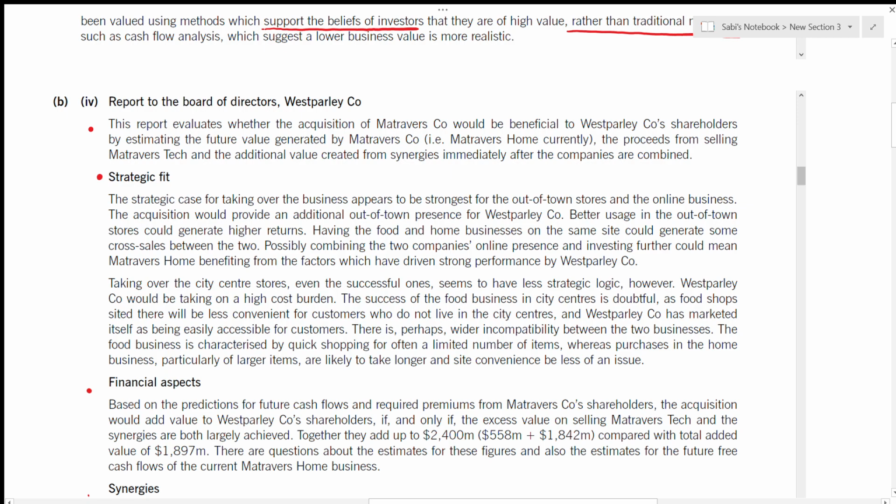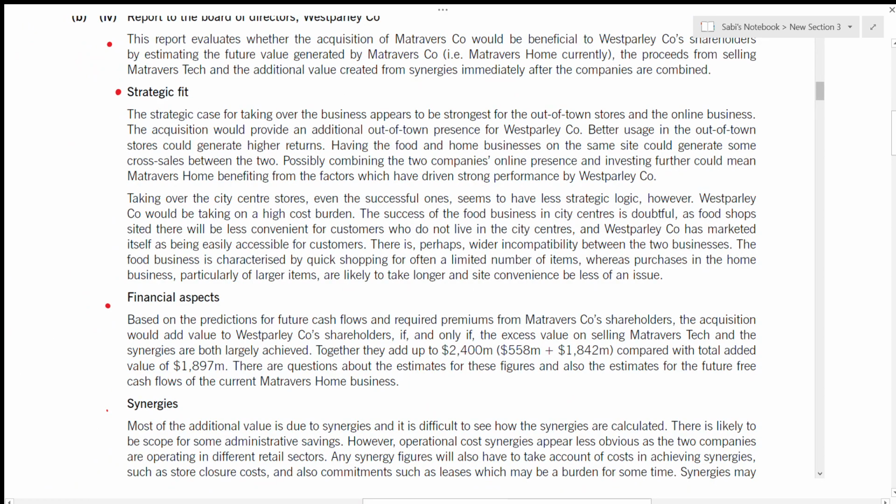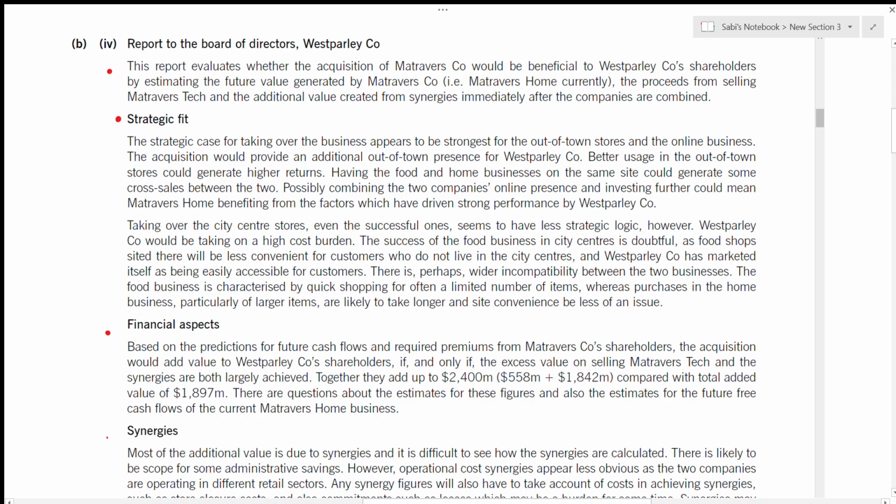Having food and home business on the same site could generate some cross sales between the two. So you're selling food and home from the West Pale also, from the Matt Trevor company also, so you can cross sell between the two. Possibly combining the two companies' online presence and investing further could mean Matt Trevor could benefit from the factors which have driven strong performance by West Pale.